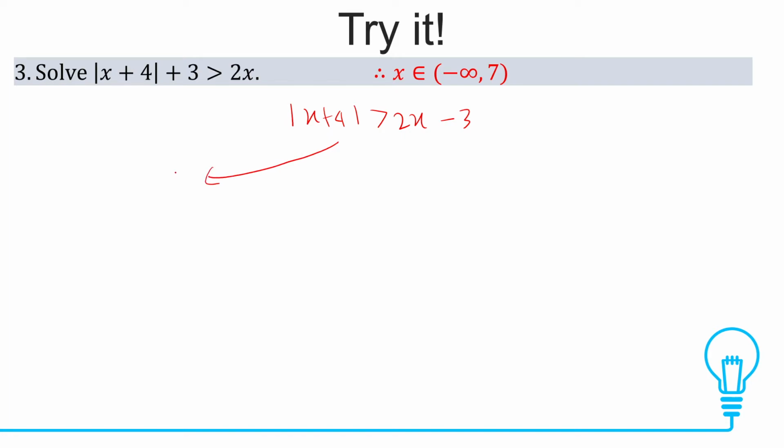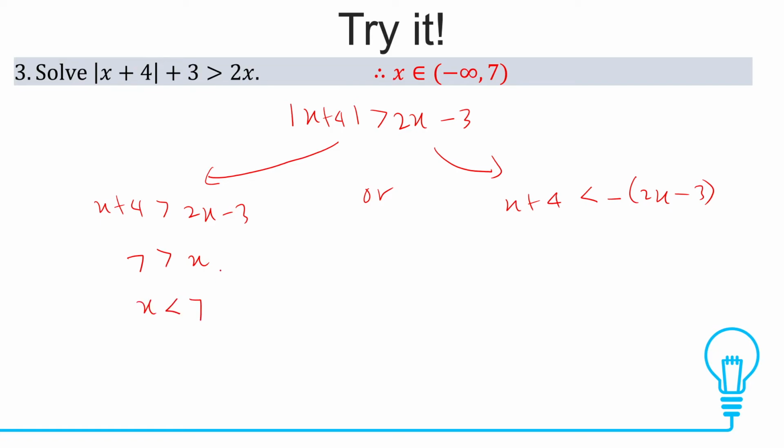So I can use the definition: x plus 4 greater than p, or x plus 4 less than negative p, that is negative 2x minus 3. This is 2x minus 3, and this one I shift here, so I have x less than 7.